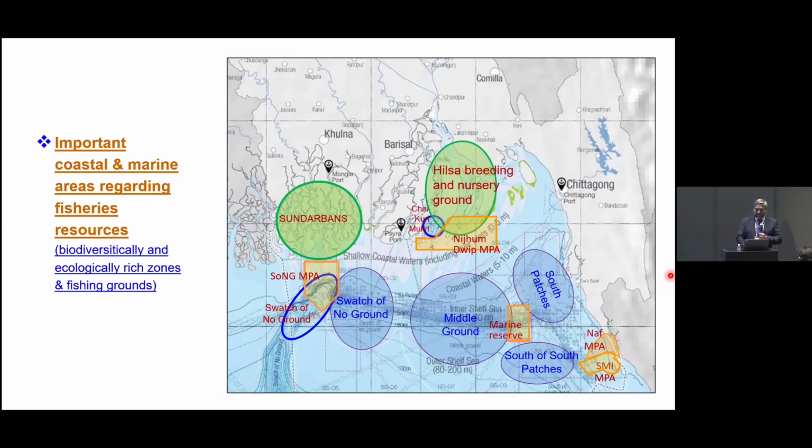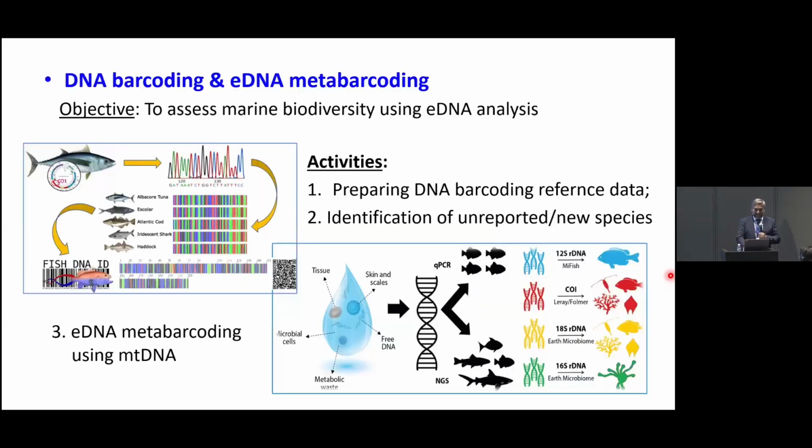This is another very important area for biodiversity. And on this side, there is Moheshkhali, Sonadia, Kutubdia, some islands. This is another ecologically critical area for Bangladesh and important for biodiversity.